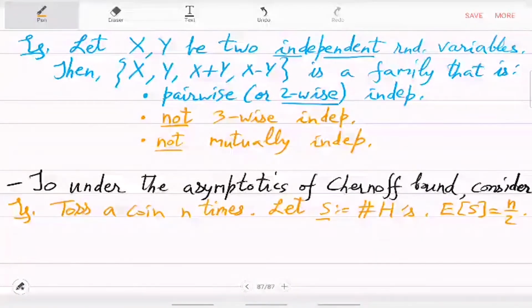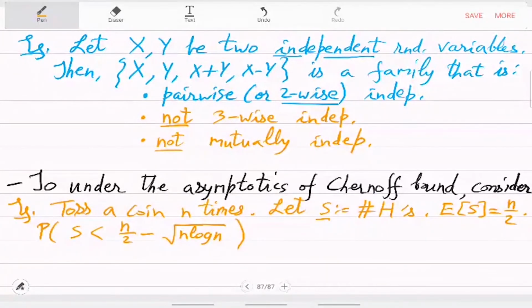Now let us look at the probability that S is smaller than n by 2 minus square root of n log n. Can the number of heads be away from the mean n by 2 by a square root?